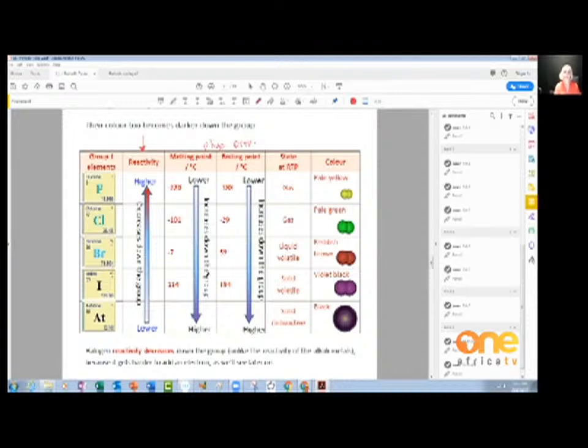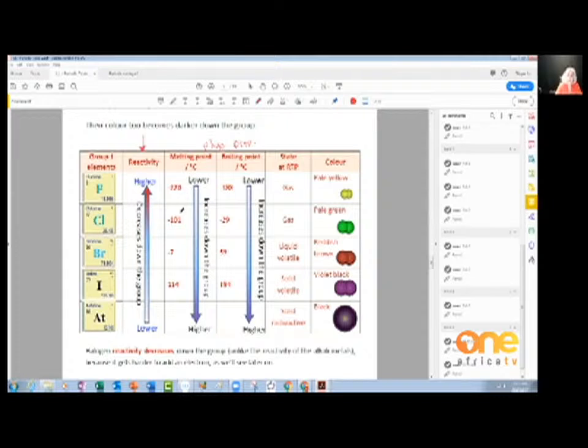And look at these arrows here, and look at the melting points and the boiling points. These are degrees Celsius. For example, melting point of fluorine, minus 220. Of chlorine, minus 101. In other words, if they were solids, when they reach the temperature of minus 220, they become liquid.